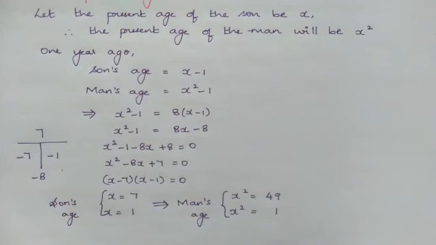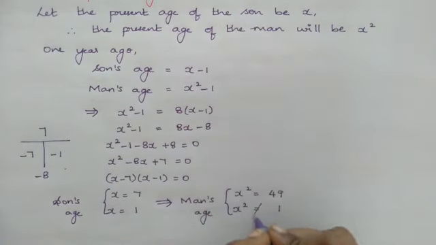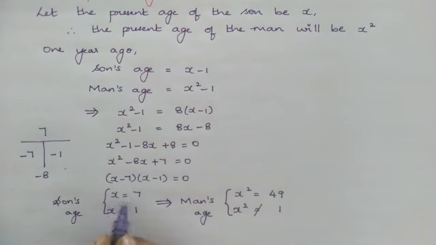Now look at this condition here. Tell me which condition is not possible. We can very simply identify that the son's age and the man's age cannot be the same. So x square equal to 1 is not possible in this case, because both the son and the man cannot be of the same age. So which is the only possibility? x equal to 7 will be the son's age, and x square equal to 49 will be the man's age.